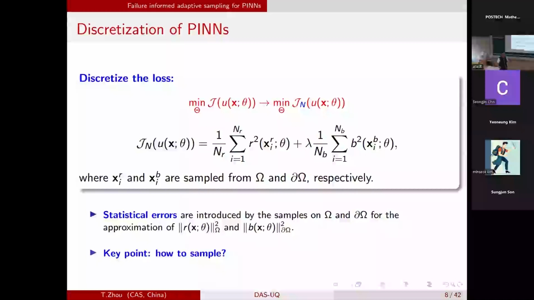AD, which is well developed. And if you have experience solving high dimensional problems, this part can be very time consuming. You can't afford the computation for this term. Suppose you want to solve a 10,000 dimensional HJB equation, and this part will last for a few months.